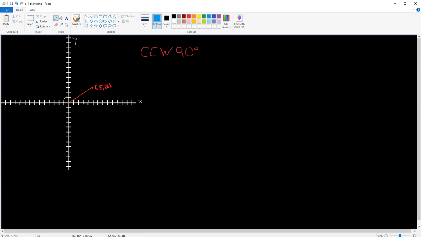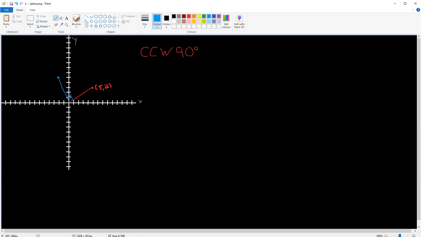Something close to a 90-degree angle, and it's going to end up somewhere around here, I think. I kind of know because I know where it's going to end up. But if I had a protractor, it would end up right around there.